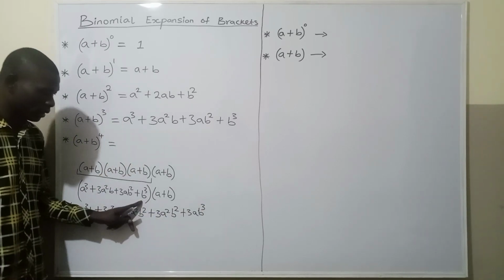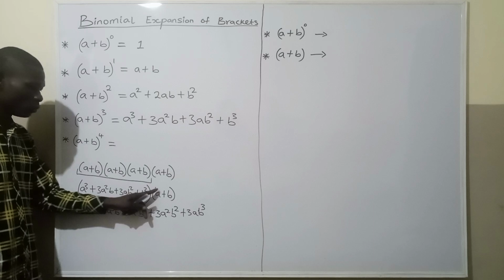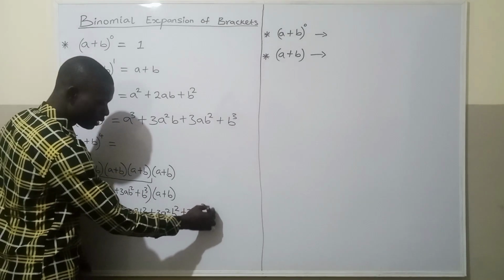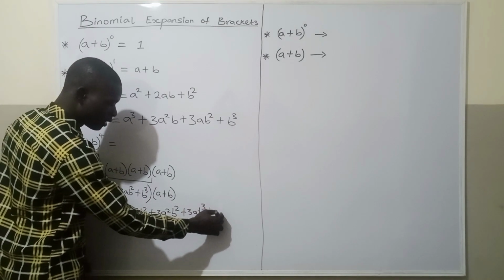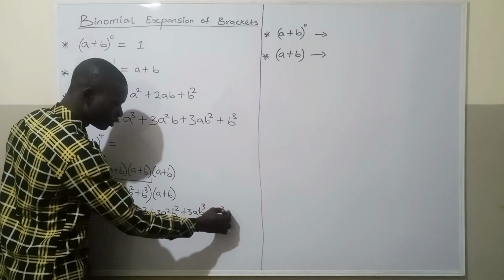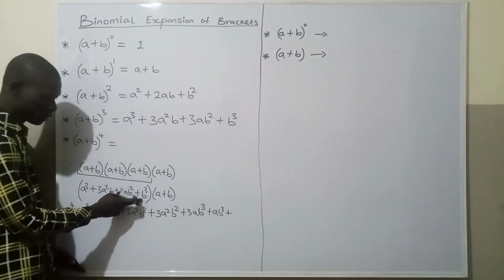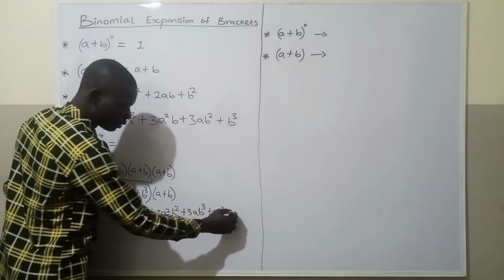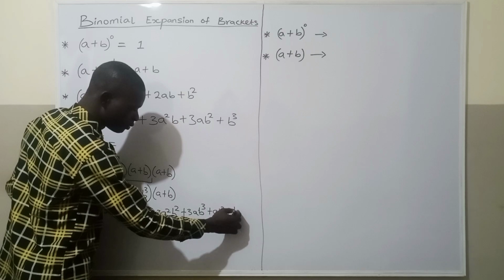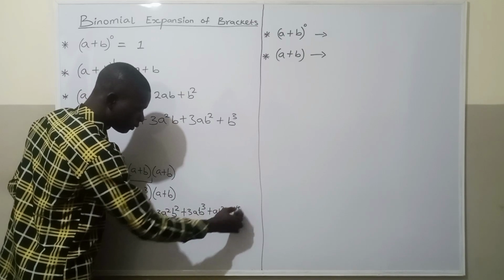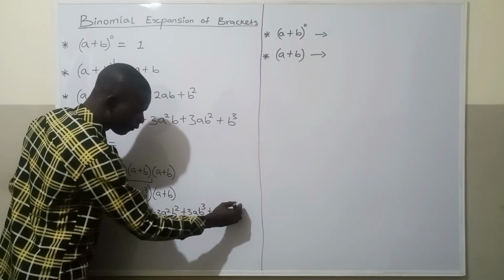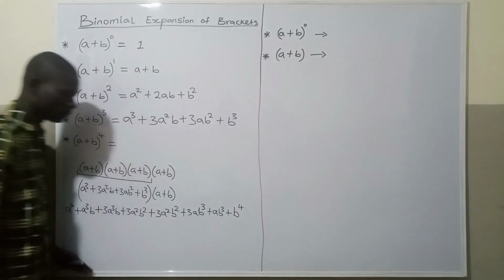Then we'll go for the final one, which is b cubed multiplied by a. So that's going to be ab cubed plus b cubed multiplied by b. That's going to be b to the fourth power, also known as b raised to power 4.